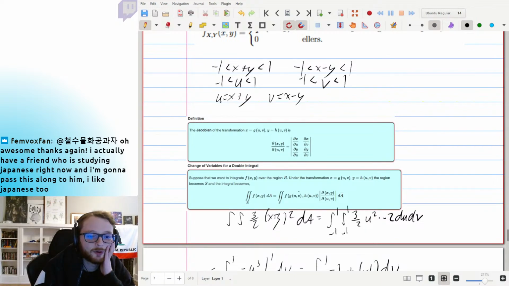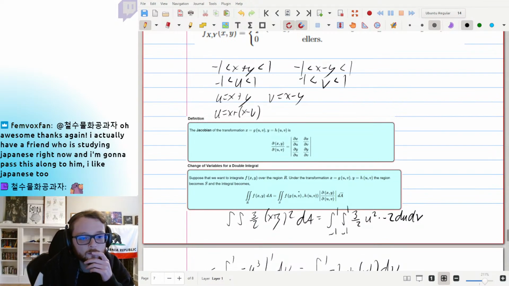Okay, so we want x as a function just of u and v. We know that y is x minus v. Okay, so that's where you get the x is equal to 1/2 u plus v.